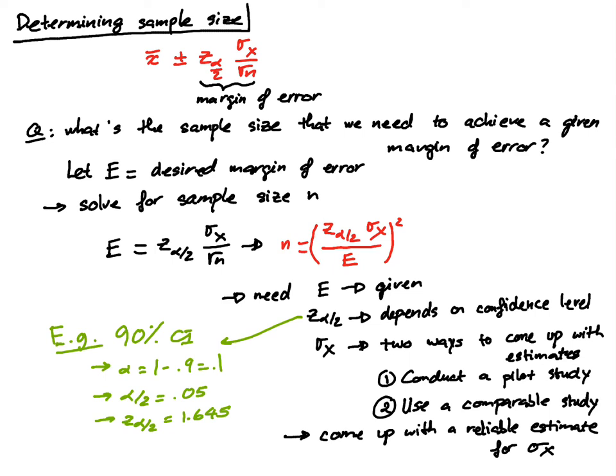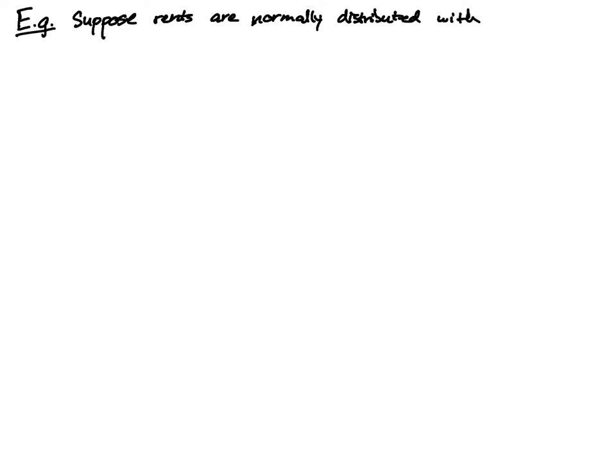So now let's look at an example. Suppose that rents are normally distributed with a standard deviation of $280.